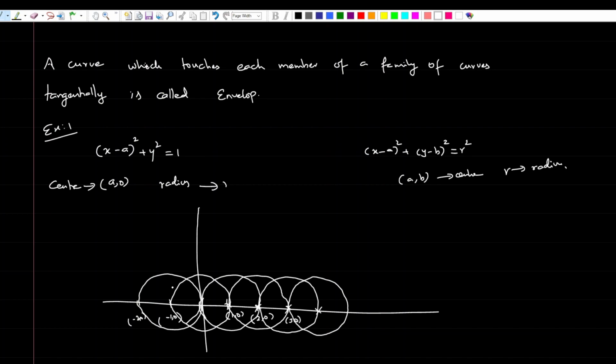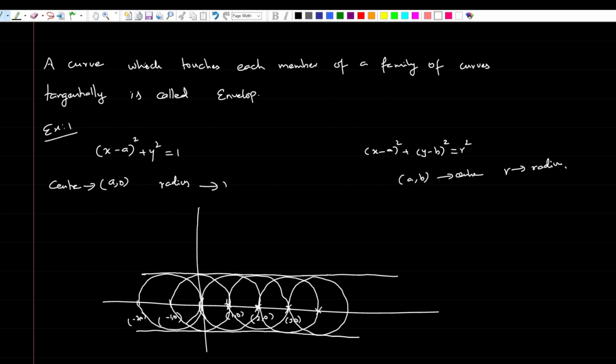So what is the envelope of this family of circles? What is the definition? A curve which touches each member of the family of curves tangentially. So I am touching each member of the family of curves tangentially. It will go on like this, and similarly I get one more curve like this.